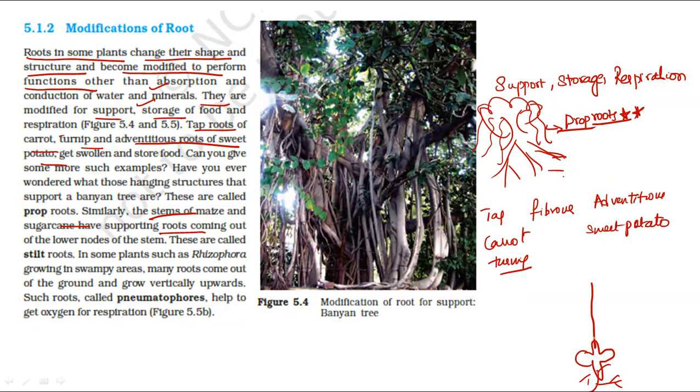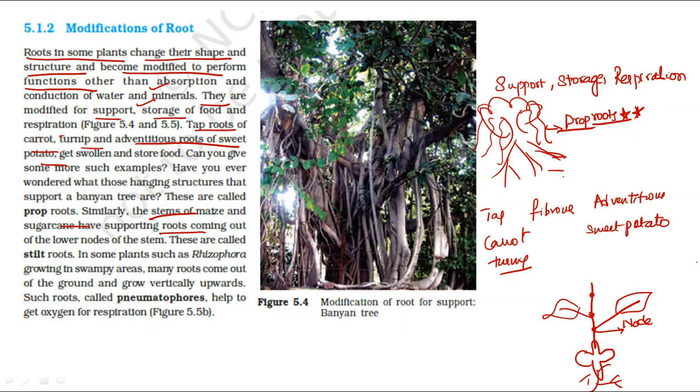This plumule portion develops into the stem. The stem is the above-ground part that is visible to us, and the part from which the branches arise is called a node.